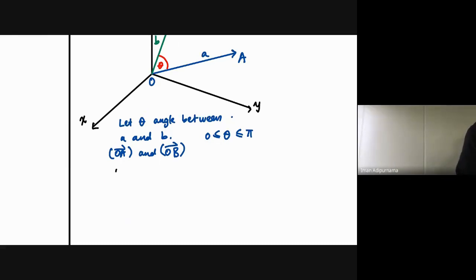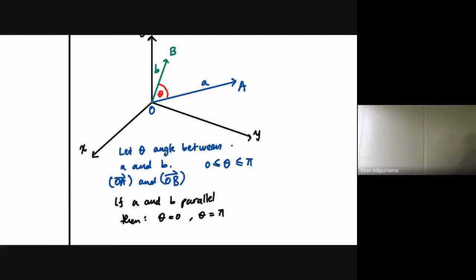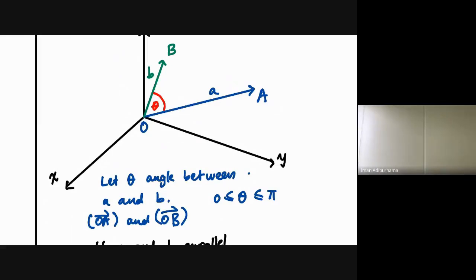So if A and B are parallel, then theta is 0 or theta is pi, right? Meaning it has the same lining here. Okay, that's some notes.